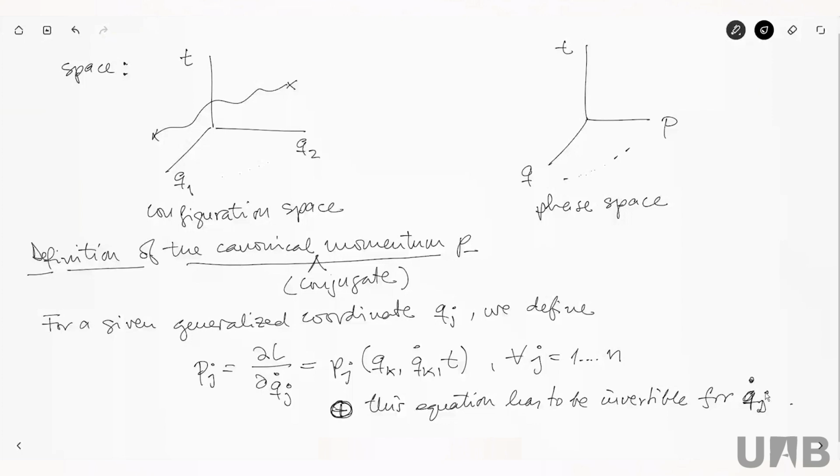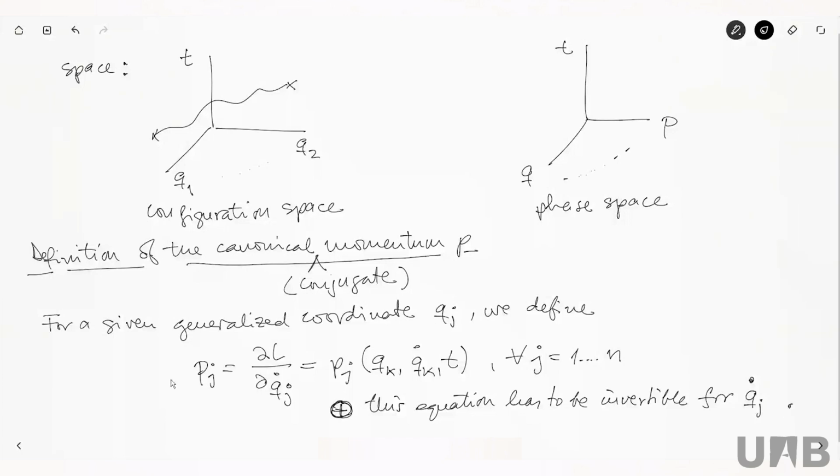That means from this equation, I have to be able to invert q dot j in terms of p j. And this will be very important. It's crucial for the construction. Let me just rewrite this thing like this.